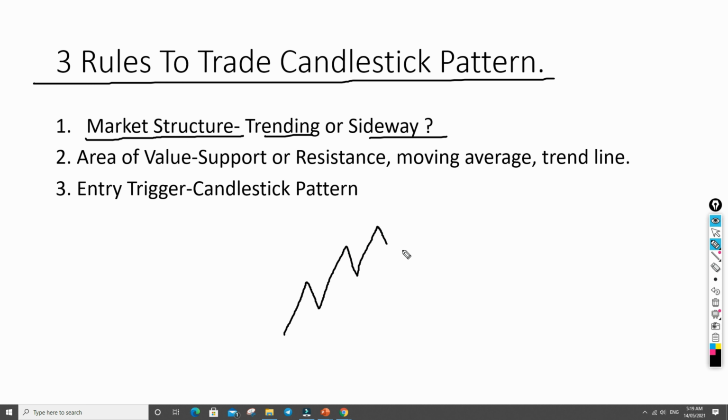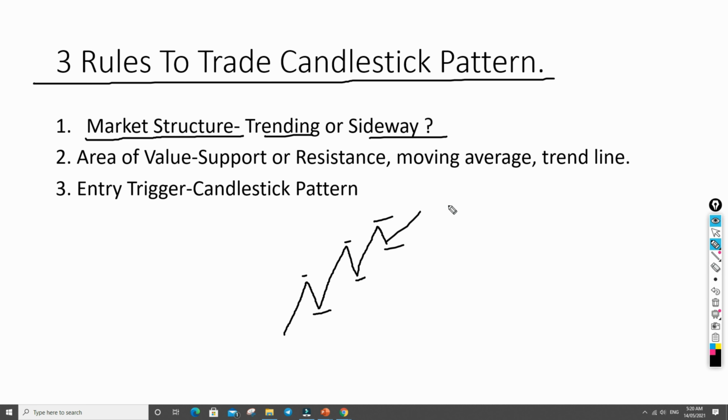This is the structure of the market. This is a high, another new high, another new high; this is a low, another new low, a lower high. This market structure is telling you that this market is in trend, right?